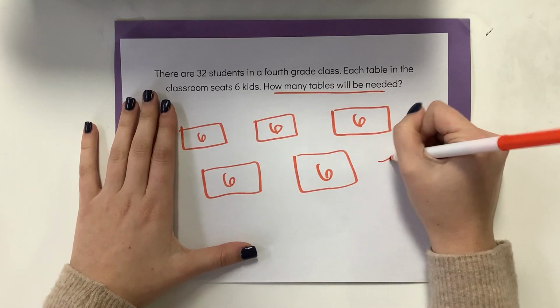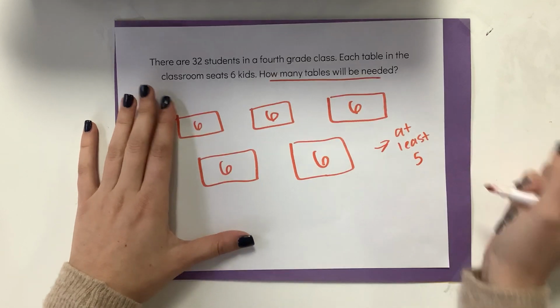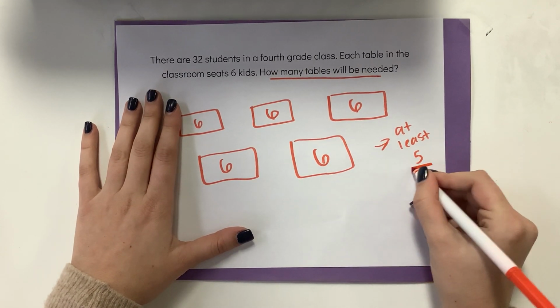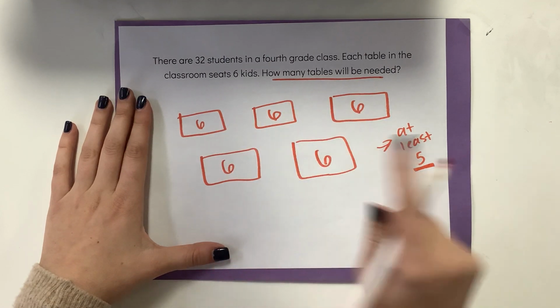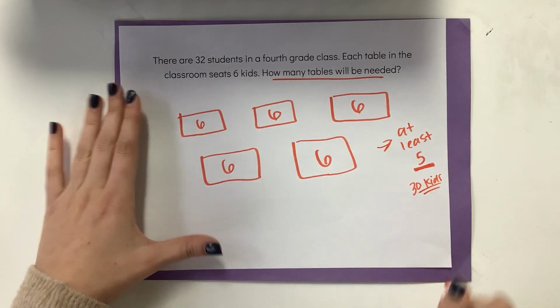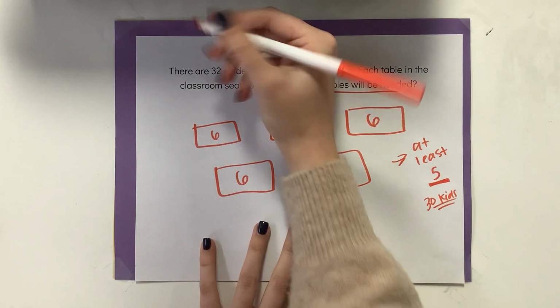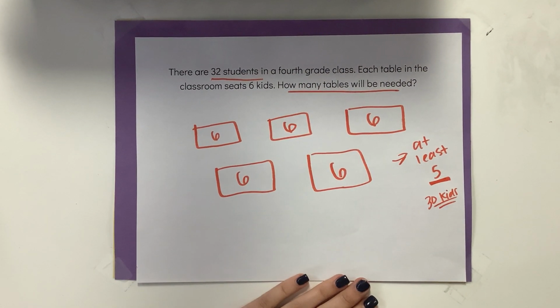So how many tables will be needed? So far, we need at least 5 tables, right? We know at 5 tables, we can sit 6 times 5, we can sit 30 kids. So should the last 2 kids, I don't know, should we just make them sit on the ground?